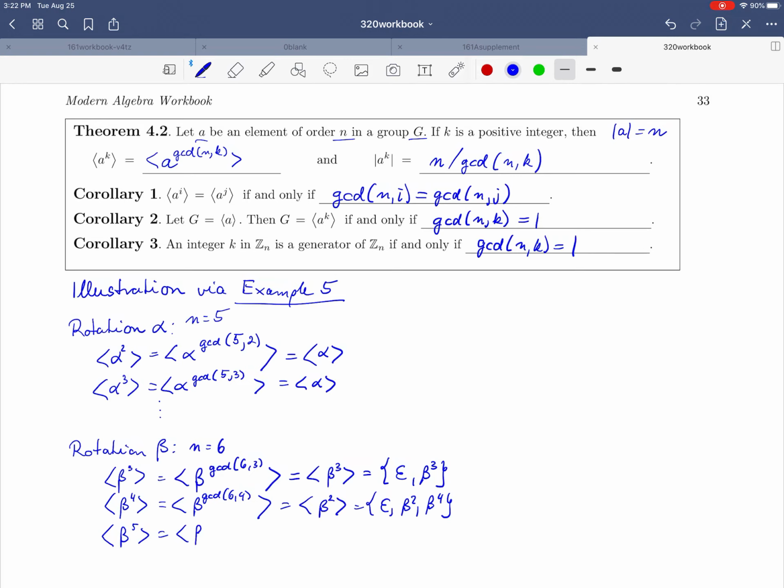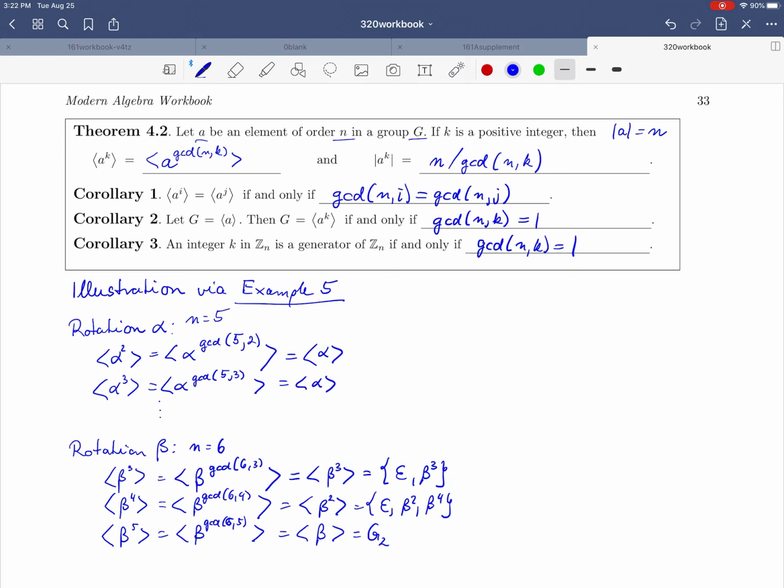And then beta to the fifth: we have beta to the GCD of 6 with 5. That is 1, so we get beta. So beta to the fifth actually is a generator, just as beta was, and we get the entire group G2 of rotations of the hexagon out of that.